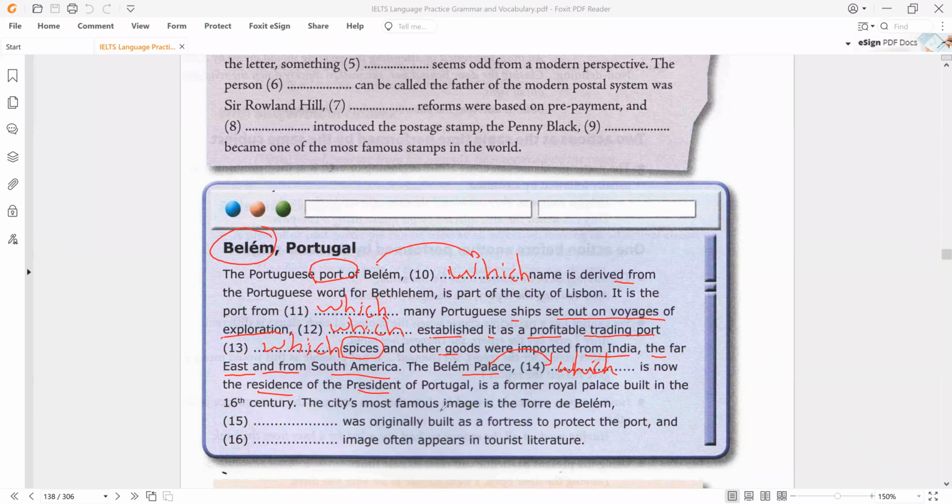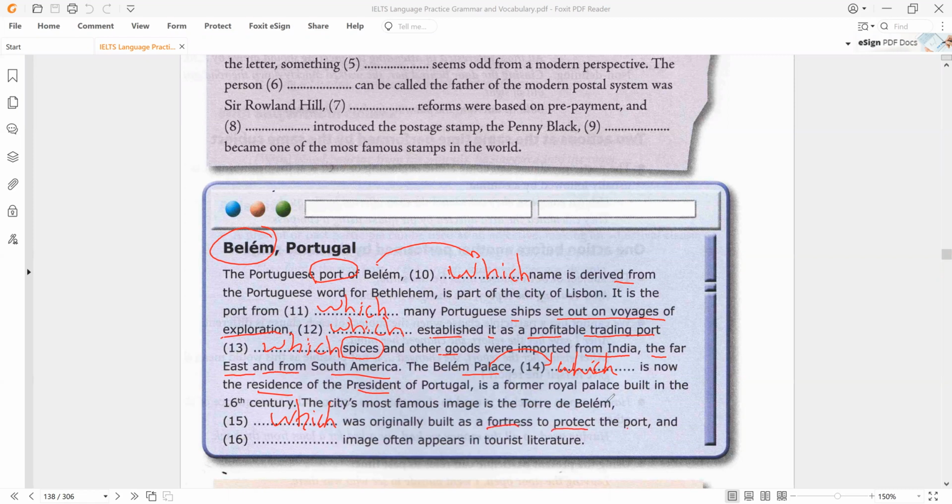The city's most famous image is the Torre de Belém, number 15, which was originally built as a fortress to protect the port.